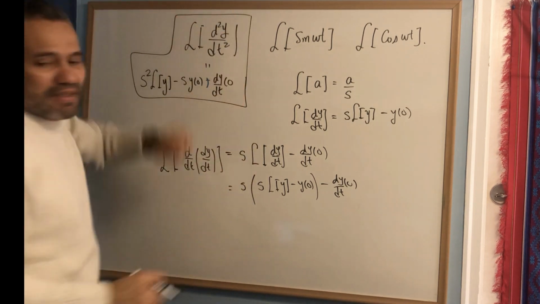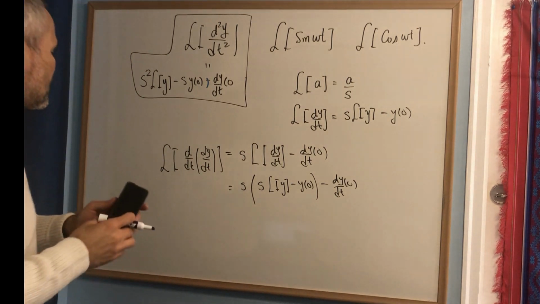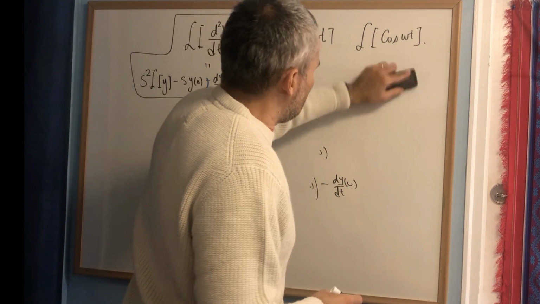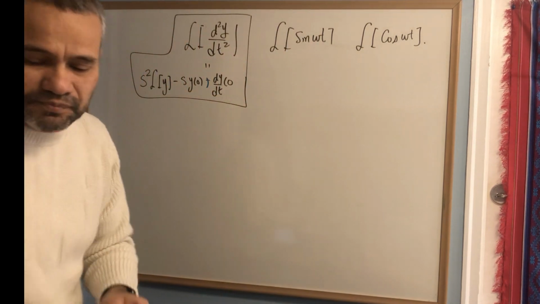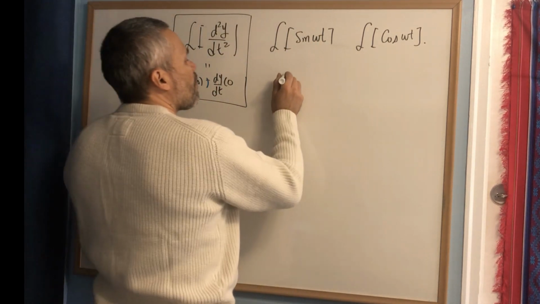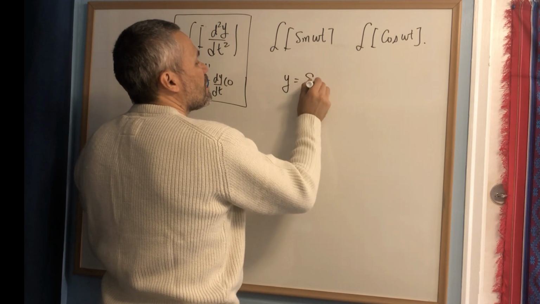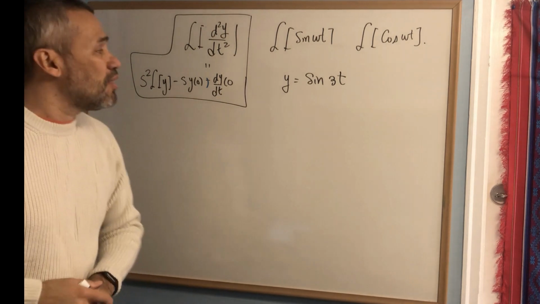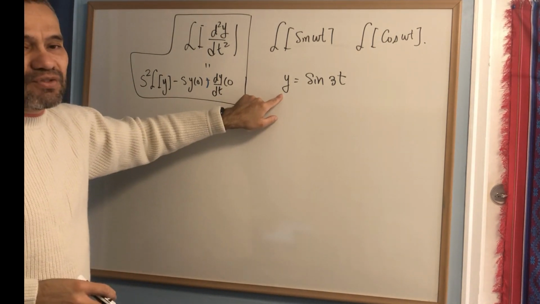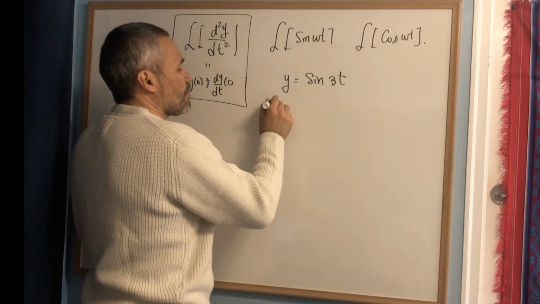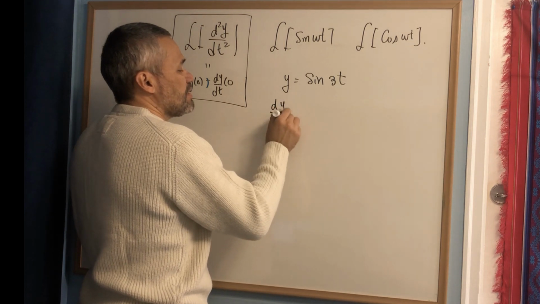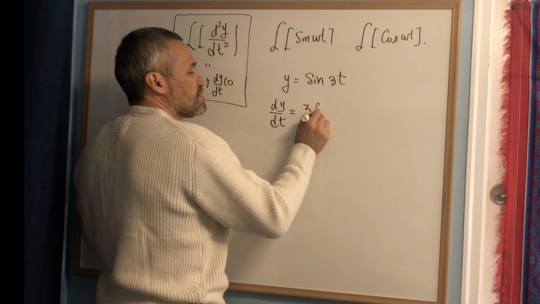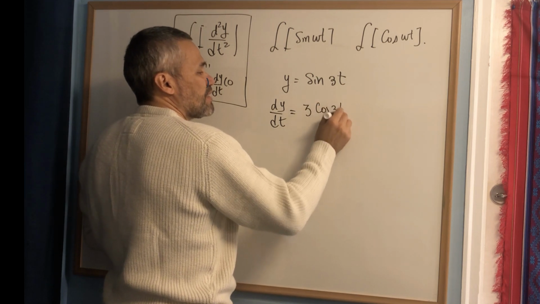Okay, we have this formula. But on the other hand, let's consider the function y equal sine of 3t. Let's make omega equal 3. What would be the derivative of this function? dy dt would be 3 times cosine of 3t.